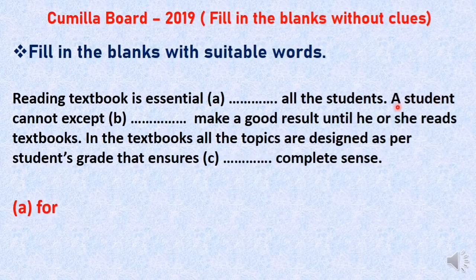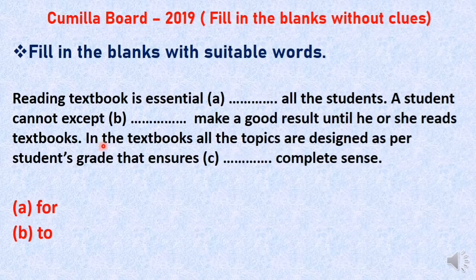So here the meaning is that a student cannot expect making a good result. This word can be used in another way, that is the to-infinitive. Yes, here we are supposed to use to make. So to make can be written in another way, that is making, with the participle.